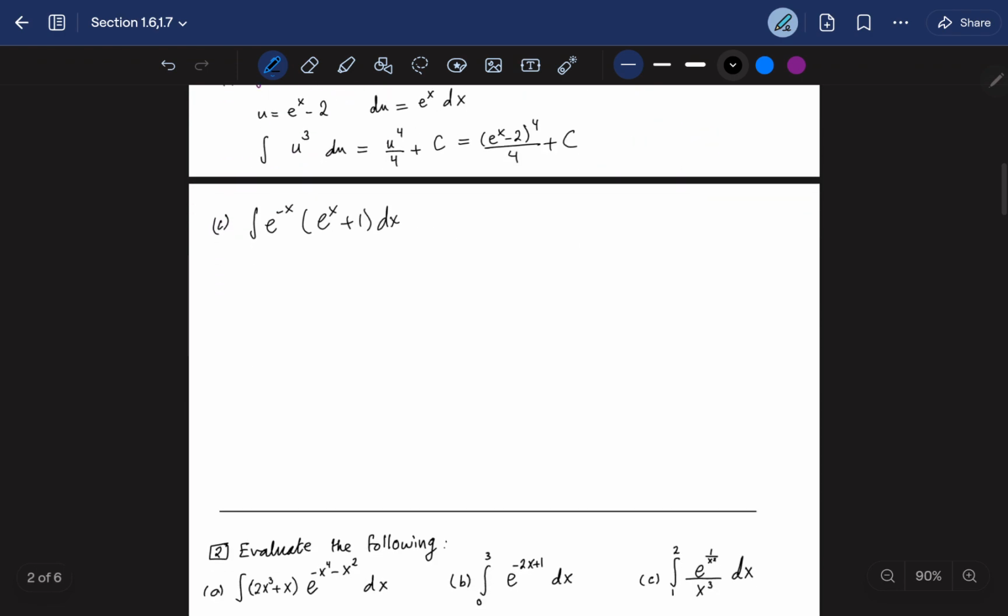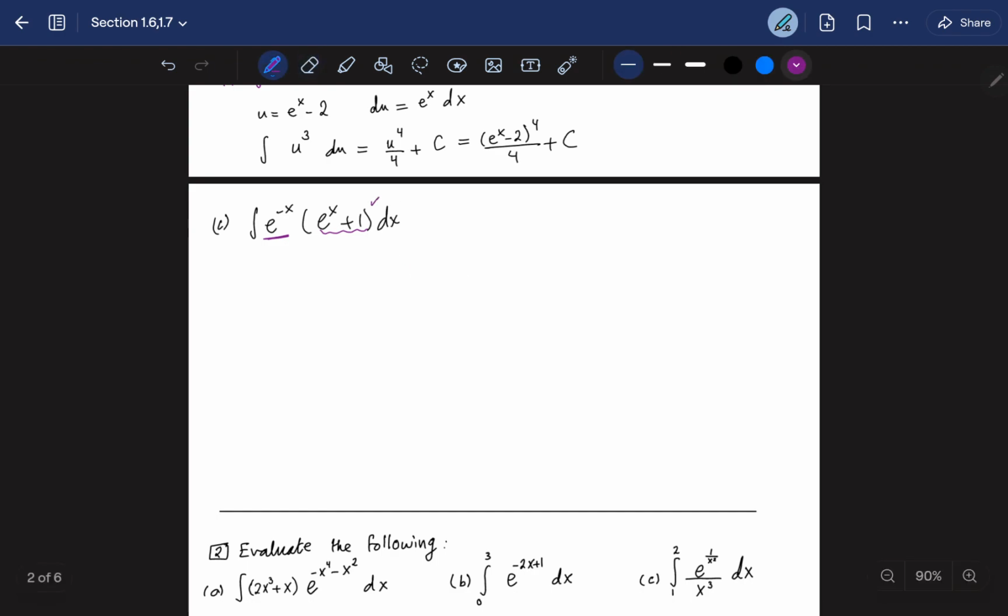Here, if we try different substitutions, like if I take my u to be what's inside of the main function, if you find the derivative, you're going to get e to the x dx. But if you look at the integrand, I don't have it. I have e to the negative x. So this substitution is not going to work. I need to think about something else that might help me.